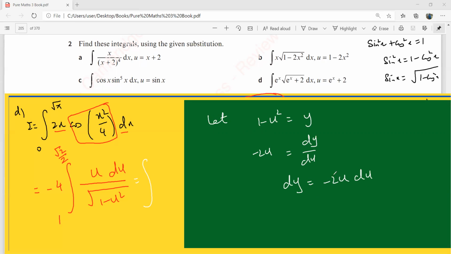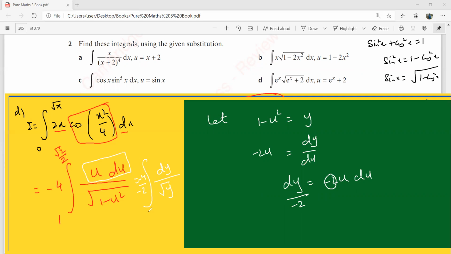If I move this minus 2 here, this is u du. Can I write instead of this u du, this minus 1 over 2 dy? You already have a minus 4 here. So this will be minus 2, and this is going to be dy, and you have here under root y. That's it.